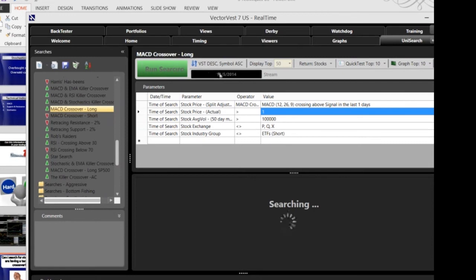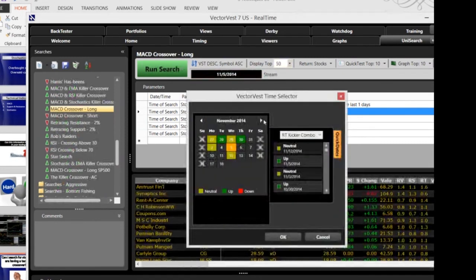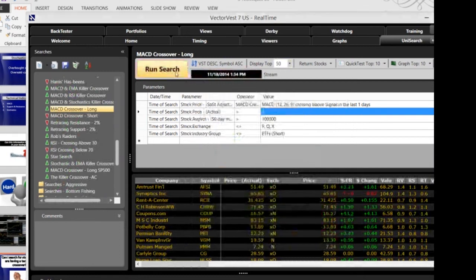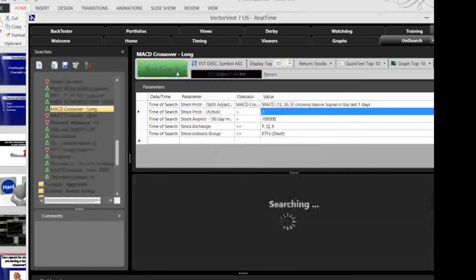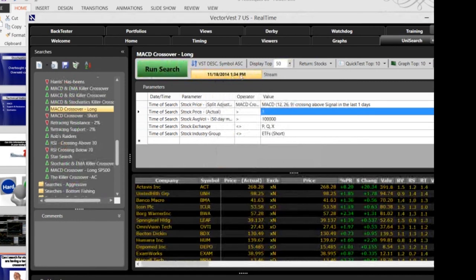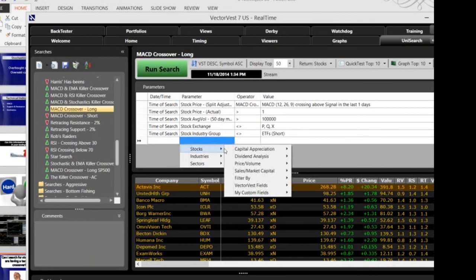Oh, it'd help if I was on the current date, though. There we go. So right at this moment at 1:34 p.m., at this tick, these are the stocks that are exhibiting that crossover. Now I can apply another filter if I'm not really happy with searching through 8,000 stocks for this signal. Maybe I want to filter by the S&P.